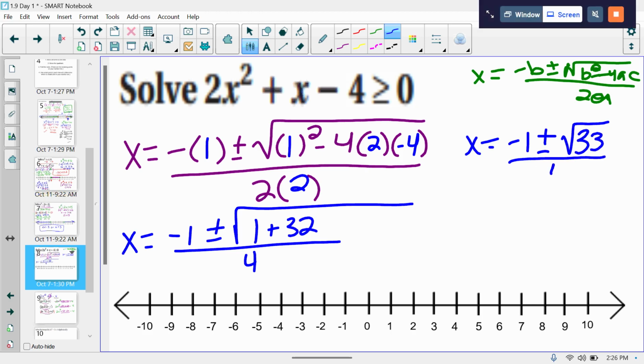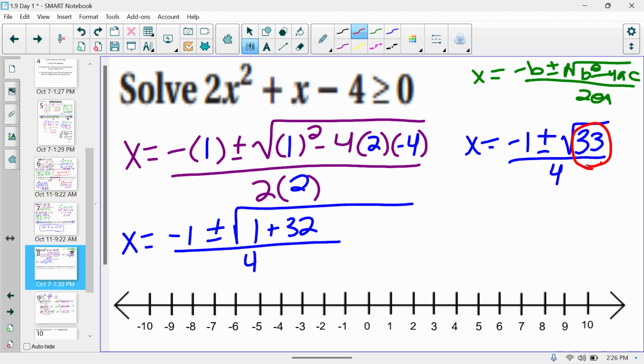Guys, put your pencils down real quick because I'm going to teach you a cool side note. Look at my discriminant. Remember, that's what the b squared minus 4ac is called. See how that number is not a perfect square? Like, if it were 36, that would have been really nice because the square root's just 6, right?